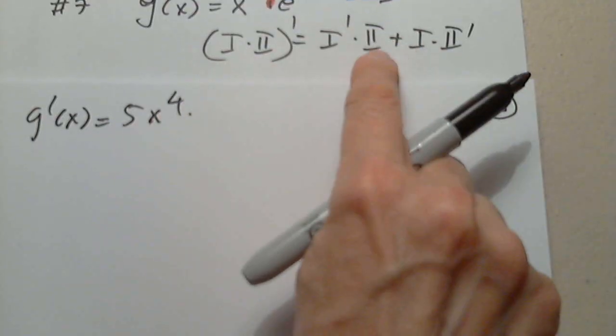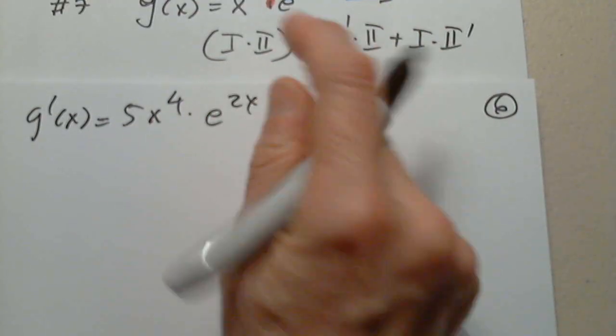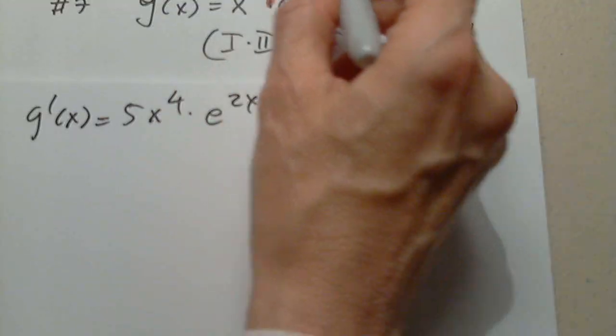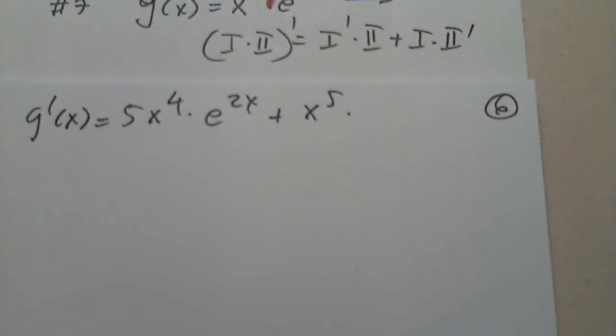Very good. Times the second function plus the first function times the second function prime. And please remember, this is the formula. E to a function prime is e to a function times the inner function prime. How do I write that?